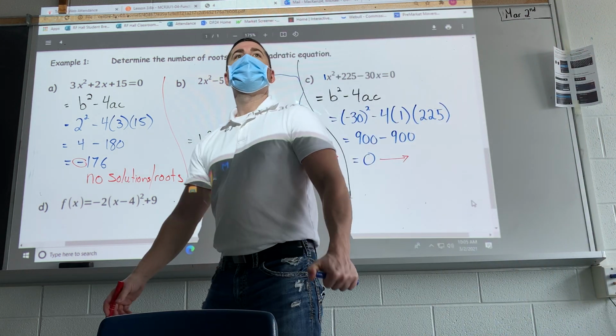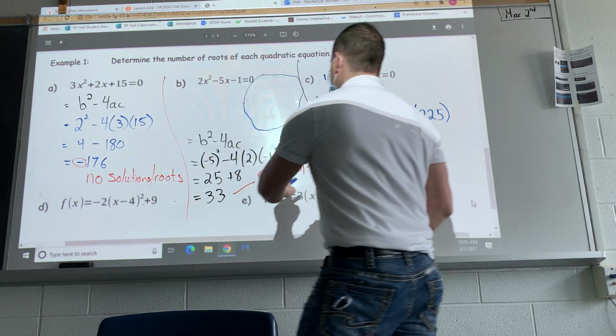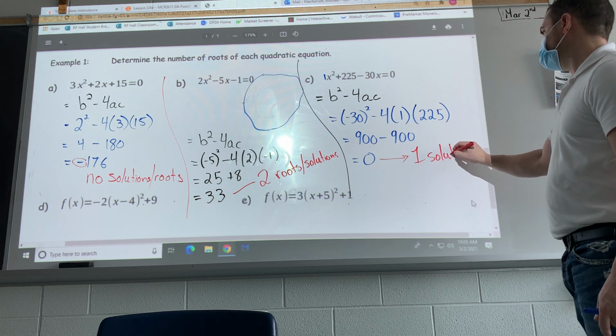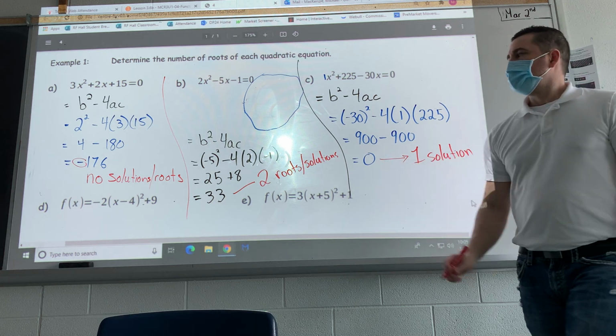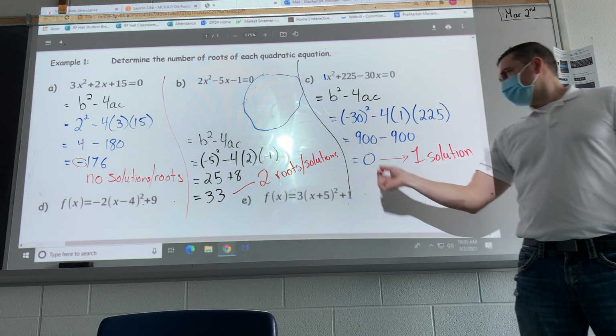Good. So we had no solutions, 2 roots, and now one solution, or one intercept, because it's 0. So less than 0, none. Greater than 0, 2. If it is 0, there is 1.